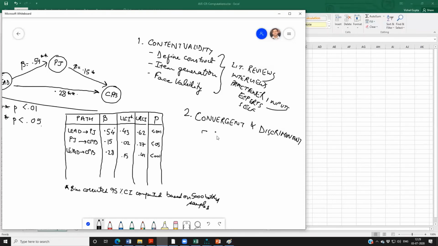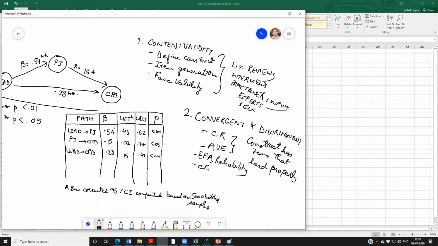Where we showed using AVE that the constructs have items that load properly, right? Here we also did EFA, we did reliability, and then we did CFA, where through CFA we computed CR and AVE.